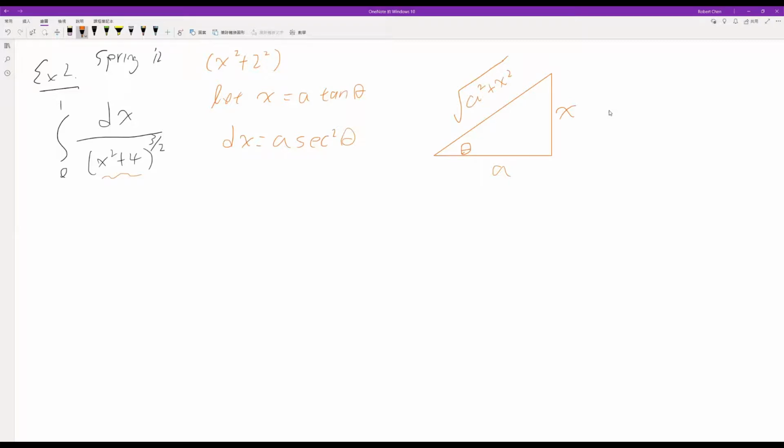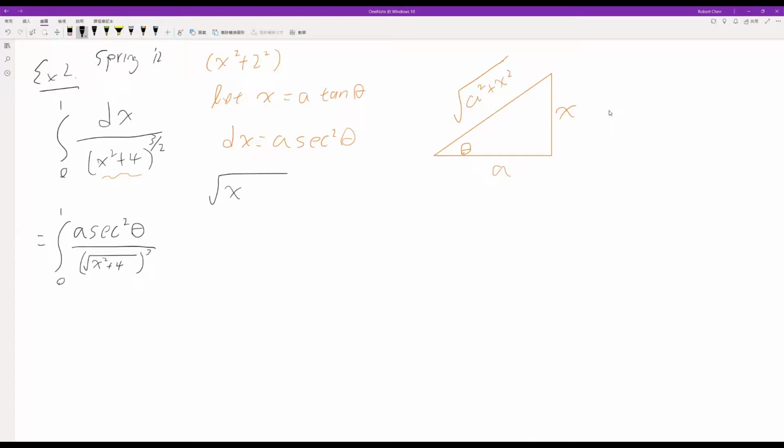So let's try to rewrite this thing. All right, so that's equal to 0 to 1. dx is a secant squared theta. And what is x squared plus 4 to the power of 3 over 2? So that is actually the square root of x squared plus 4 to the third power. So what we really want to worry about is what's the square root of x squared plus 4. Right? And again, you can do it fairly quickly.